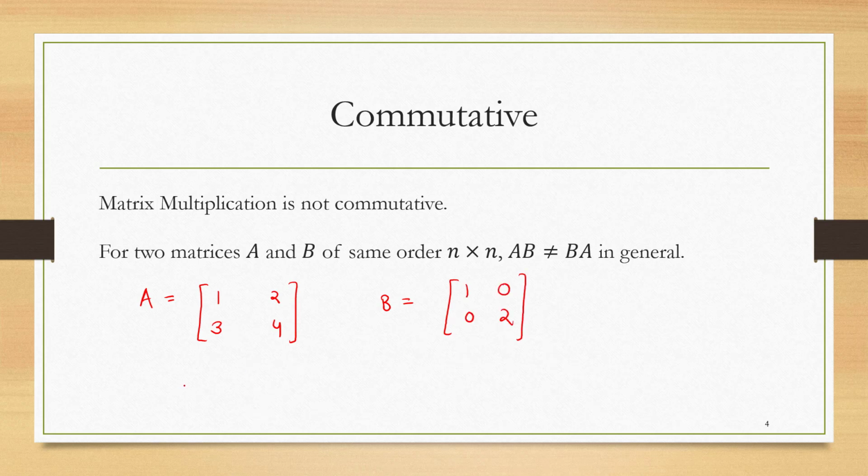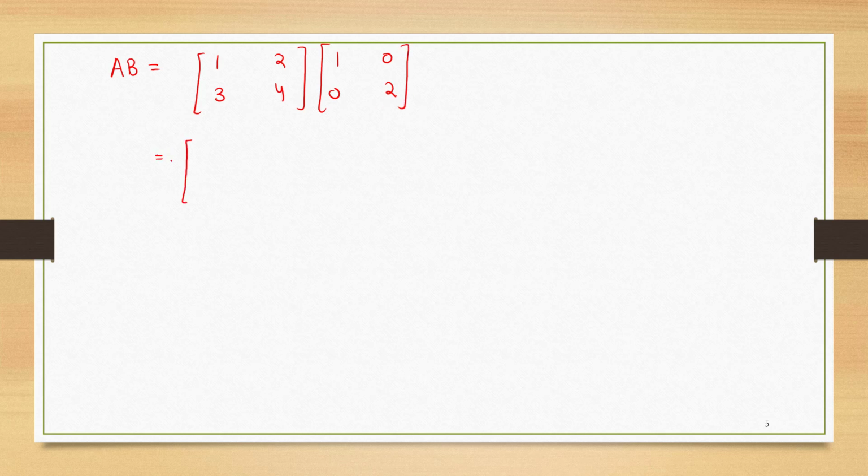Now let's try and calculate AB. A is 1 2 3 4, B is 1 0 0 2. When multiplying, we have learnt in the previous lecture how to multiply two matrices, so I am not going to explain it again. I am just writing what will be AB.